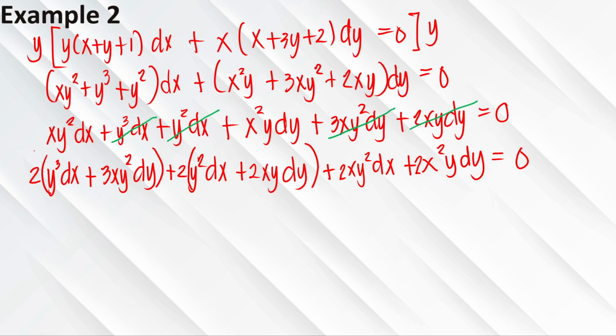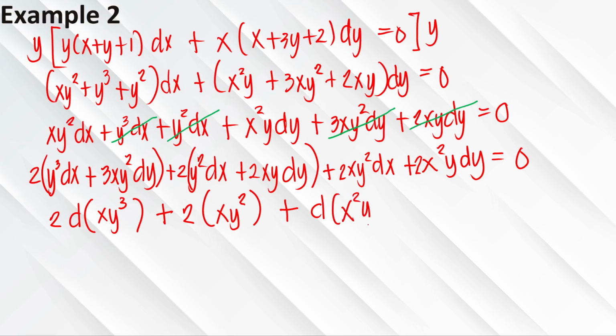So, we have 2 times the derivative of xy cube. Kasi yung u natin kanina dito, y cube, tapos yung v, x. Or pinagbaliktad ko lang, in-arrange ko lang na xy. Tapos dito naman sa kabila, meron tayong xy squared din. Tapos ito naman, meron tayong derivative ng x squared y squared equals 0.